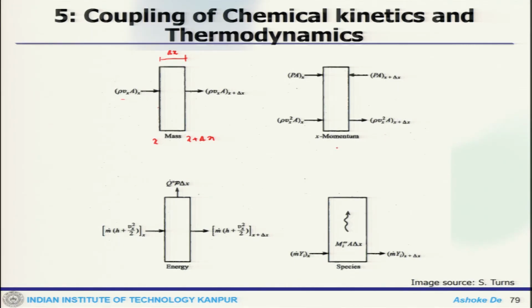Then there will be momentum conservation, and then energy conservation: this much energy coming in, this going out, and if heat transfer takes place. Finally, species conservation: species come in, go out, with some generation or destruction. So, these are the four governing equations required: mass, momentum, energy, and species mass transfer equation.